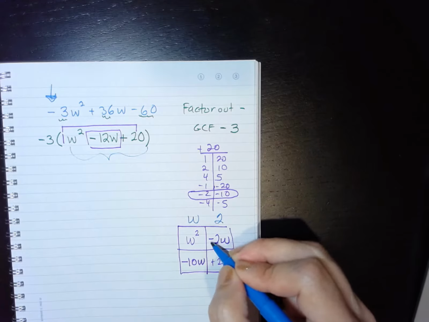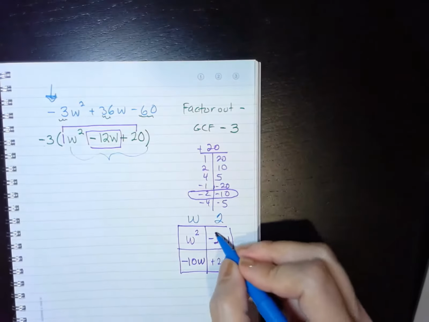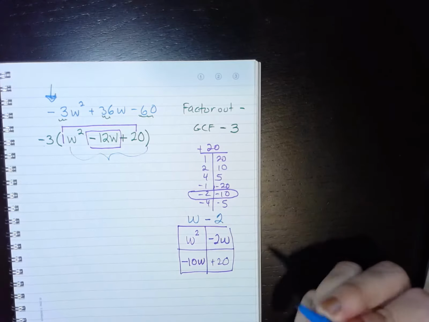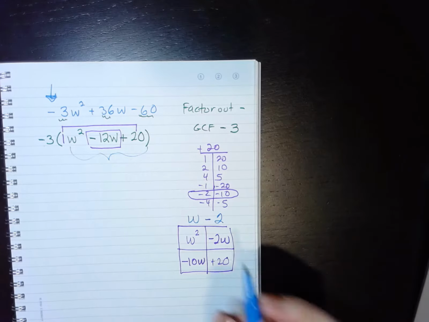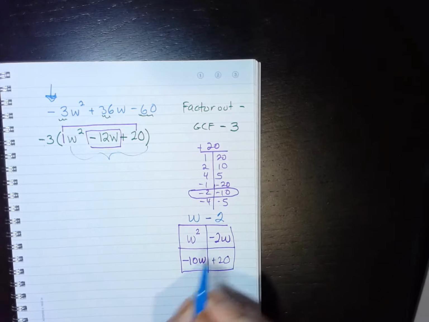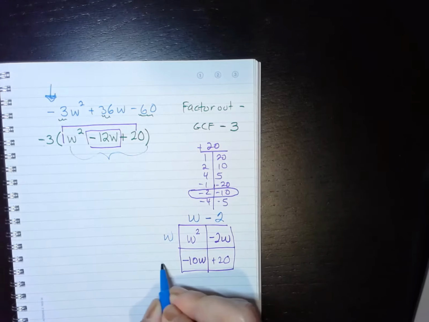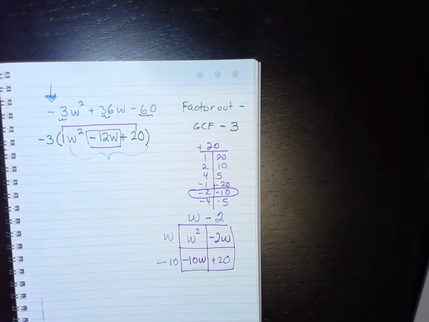Now, this is the same thing that we just did right here. There's a negative in the first box, so that means I have to factor out a -2. Look at this row: they have a common W. And look at this row: they have a common 10, because 10 goes into both of those numbers. But because I had a negative in the first box, I need a -10.